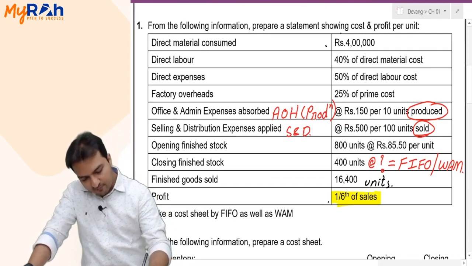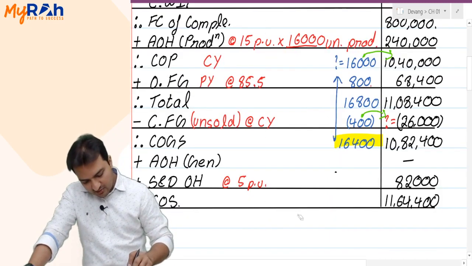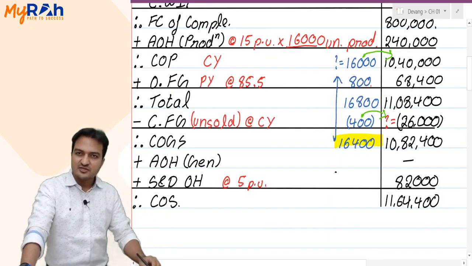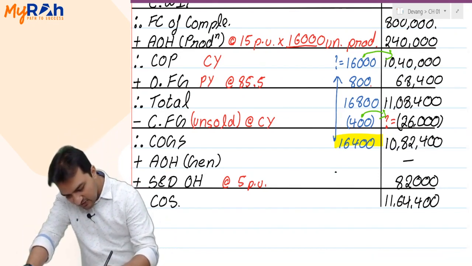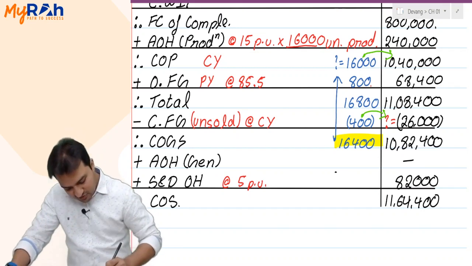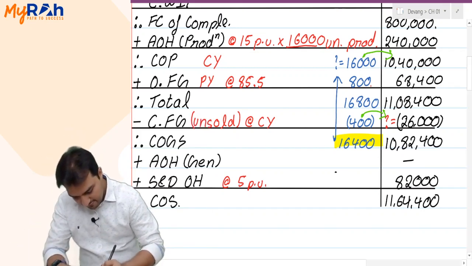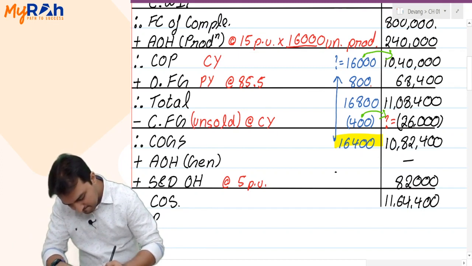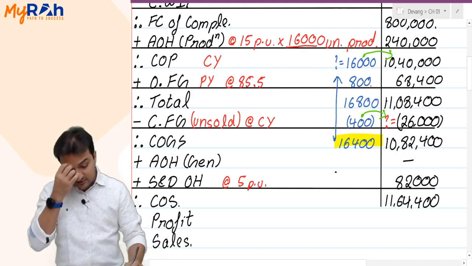So if the profit details are given, I will not end my cost sheet on reaching this cost of sales. Rather, on this cost of sales, I will add two more lines: plus profit, that should give me the sales.